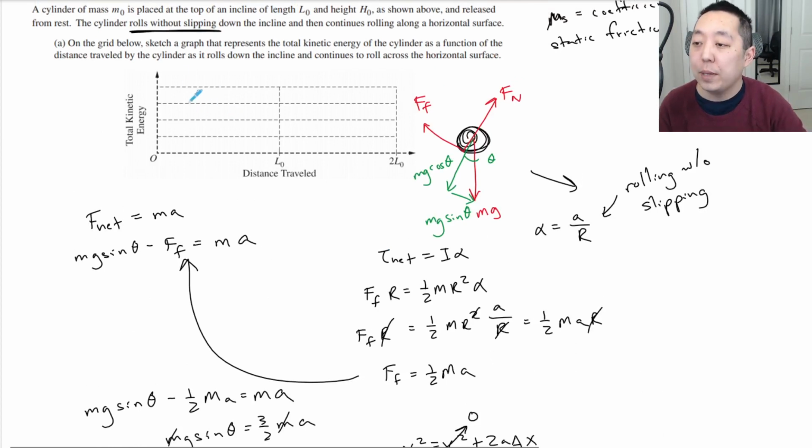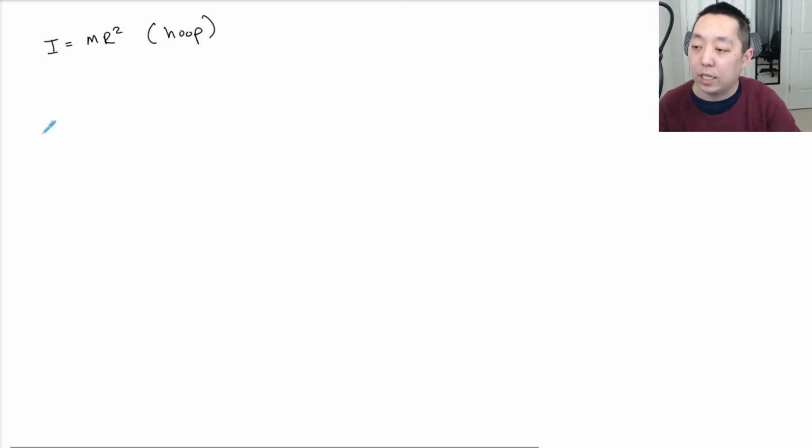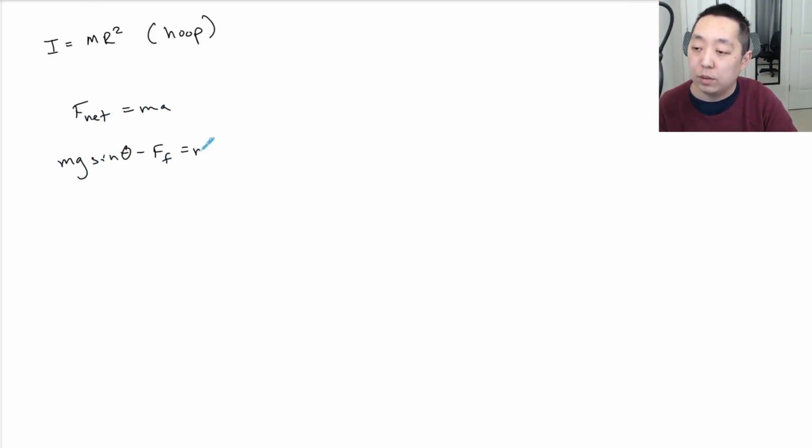When we redo some of our equations, this 1/2 mr squared is going to just be mr squared. So let's start with our basics again. The net force equals ma. That is mg sine theta minus force of friction is equal to ma.